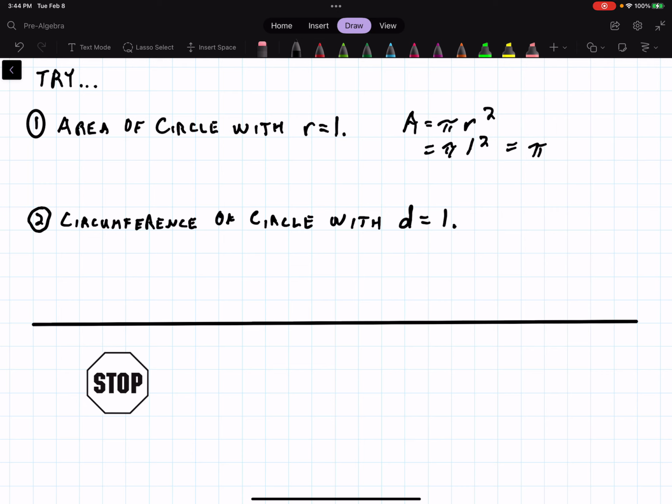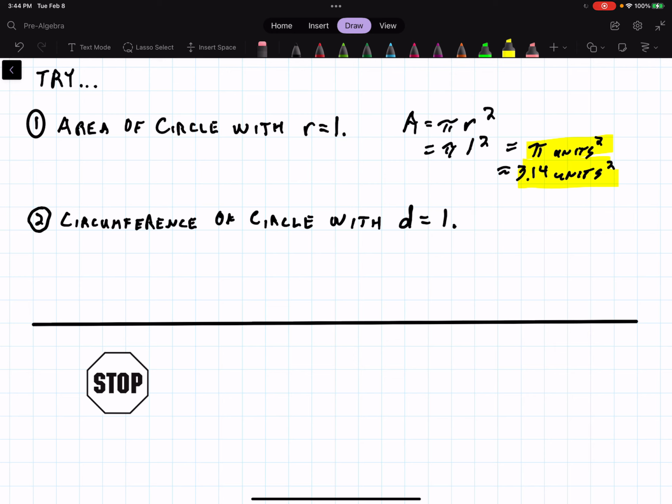So we could say we were pi units, or we could multiply times 3.14, and we could say we are 3.14 units. So units squared, excuse me, not long.